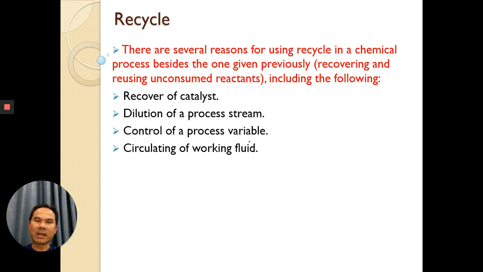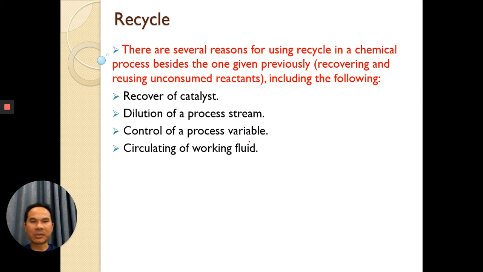Mostly we have several reasons why we use recycle in chemical processes. We use recycle for recovery of catalyst, because we use catalyst to accelerate the chemical reaction. Mostly catalyst is very expensive.